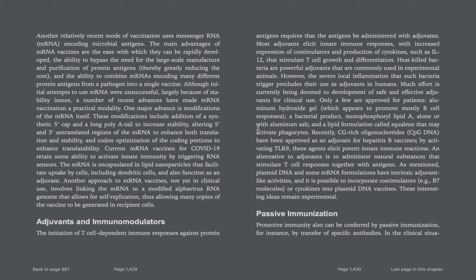Another approach for messenger RNA vaccines, not yet in clinical use, involves linking the messenger RNA to a modified alphavirus RNA genome that allows for self-replication, thus allowing many copies of the vaccine to be generated in the recipient cell.